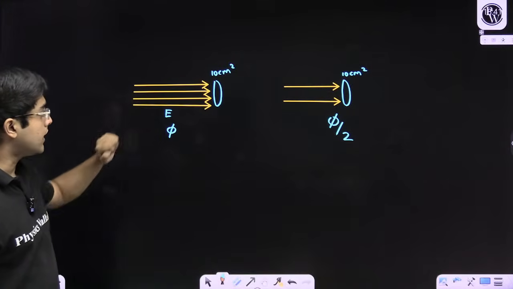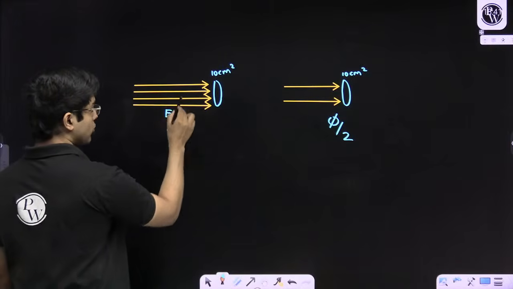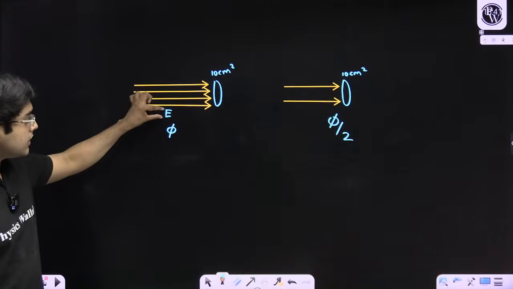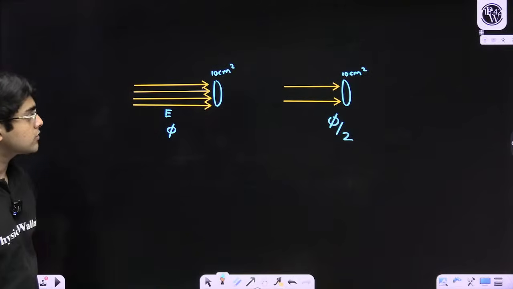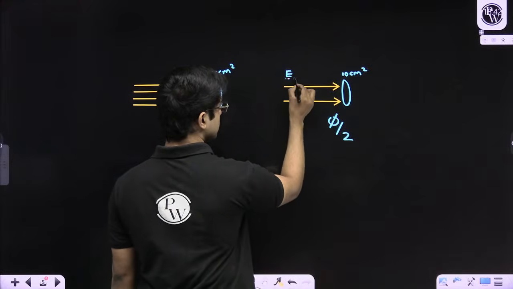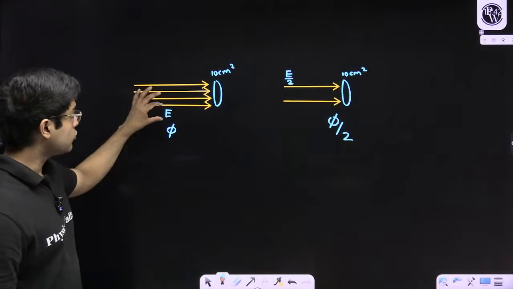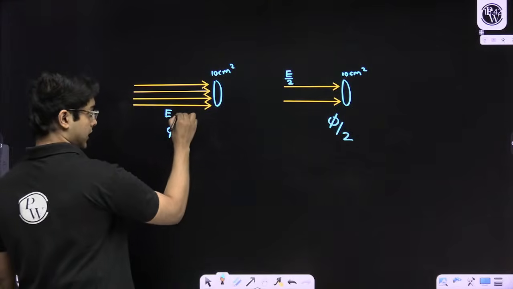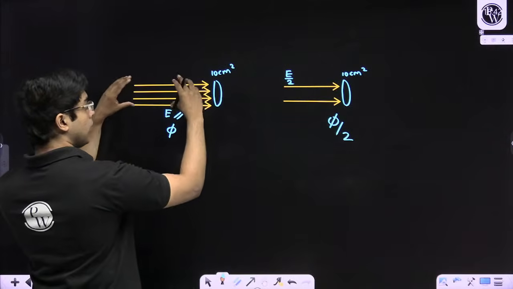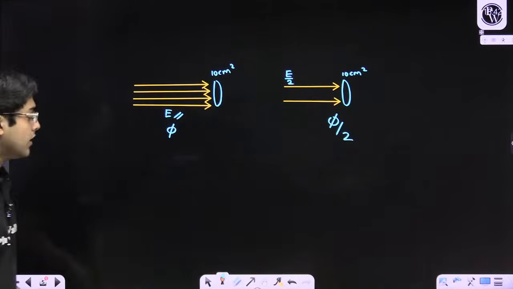When we are drawing electric field lines, the number of lines you draw is proportional to the electric field magnitude. So if I draw 4 lines for E, then for E by 2 field, I will draw only 2 lines. So flux is also proportional to the electric field strength. The stronger the field, the more field density and more field lines cross the area.